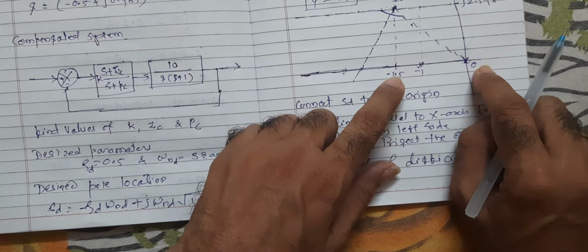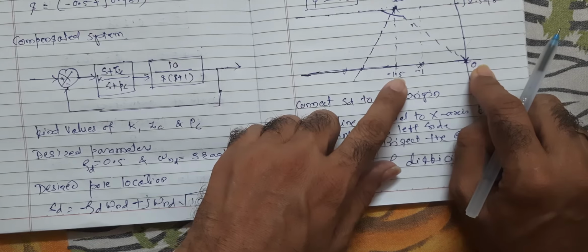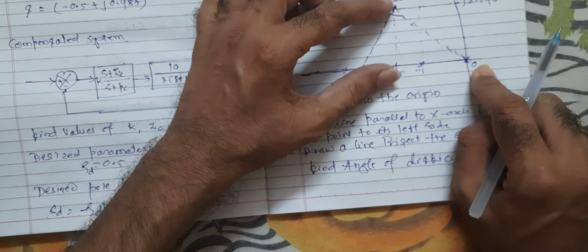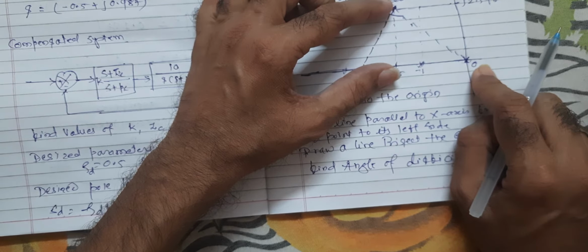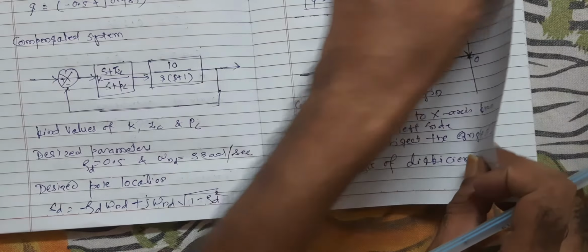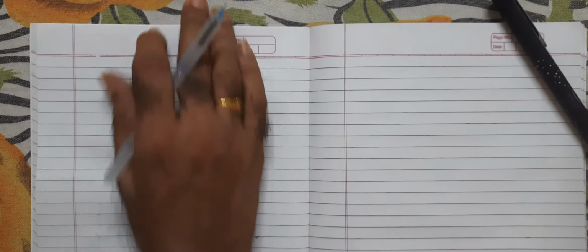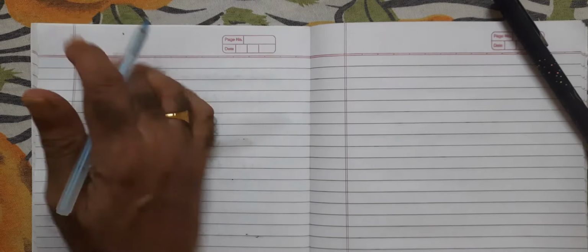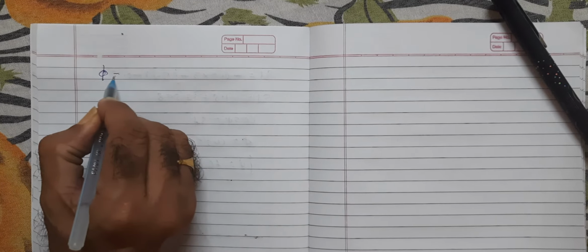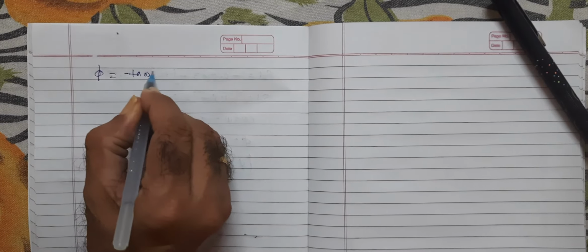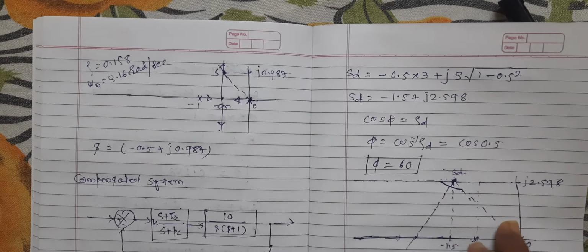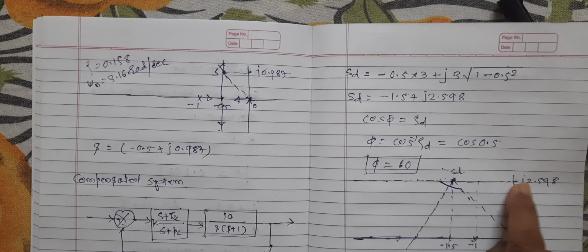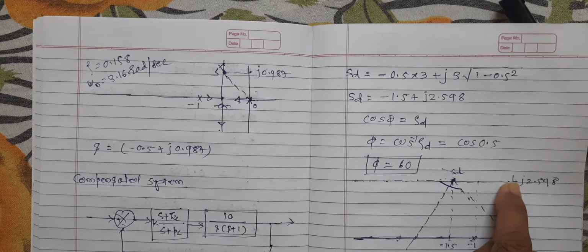From the origin to -1.5, the distance is -1.5, and the distance here is 2.598. So now we will write down the angle of deficiency. The angle of deficiency is denoted by phi. Phi equals minus tan inverse of this value, which is 2.598.